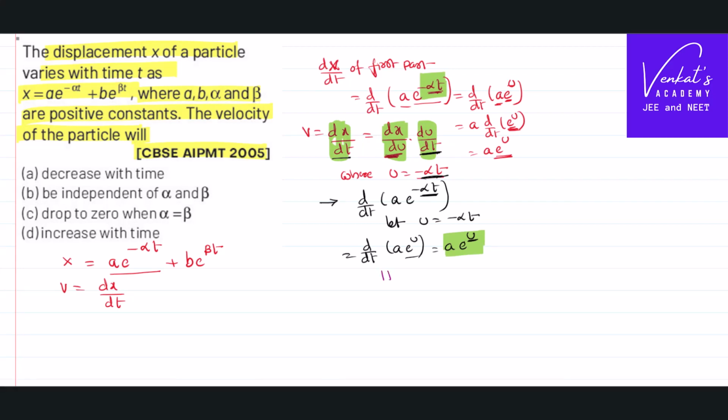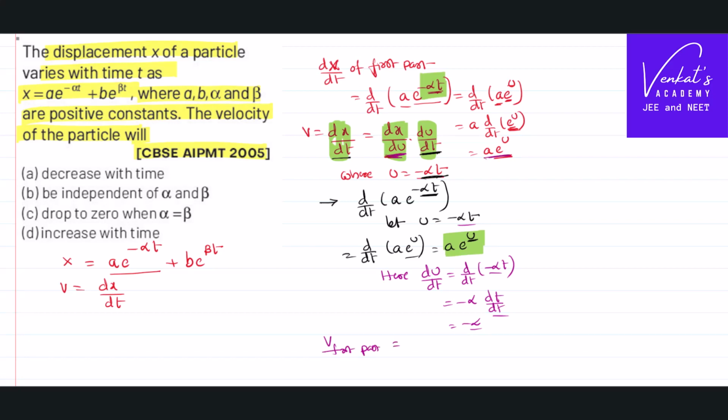So here du by dt is d by dt of the value of u we have taken, minus alpha t. So minus alpha dt by dt. I just get the alpha constant outside. That is minus alpha itself because dt by dt is 1. So v of the first part is dx by du.